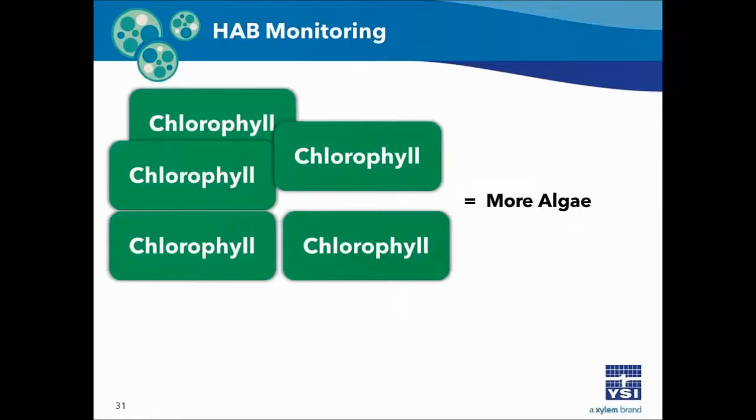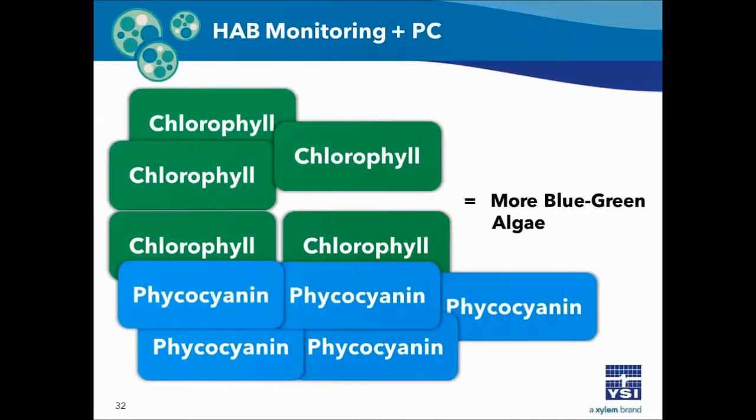And for decades, we've known and we've used chlorophyll as a monitoring tool, primarily by grabbing samples and measuring the content of chlorophyll in the laboratory. And generally speaking, if you have more chlorophyll, you have more algae. But more specifically, if you have a lot of chlorophyll and you have a lot of phycocyanin, you have more blue-green algae.